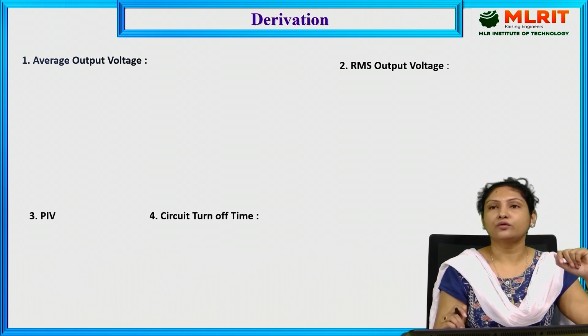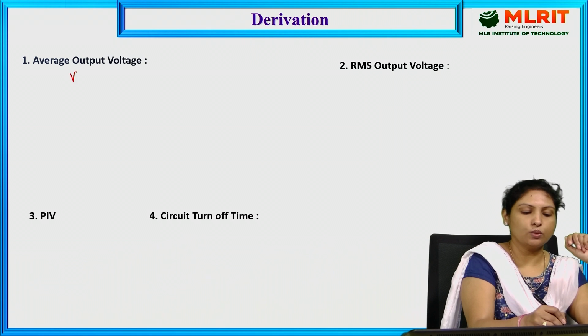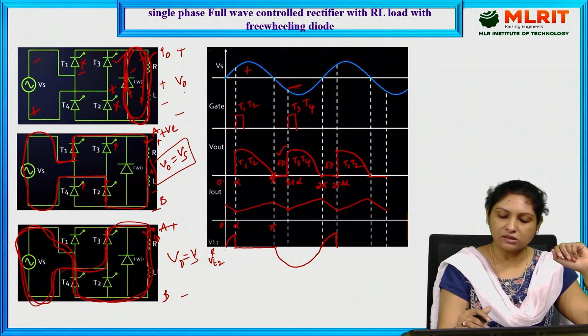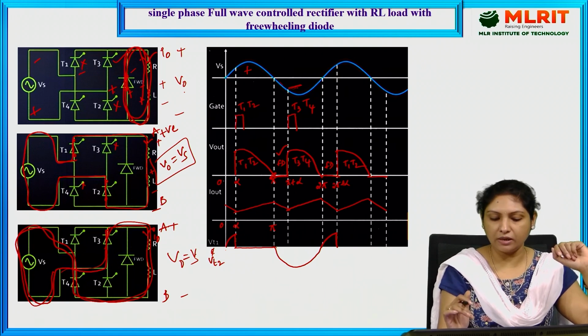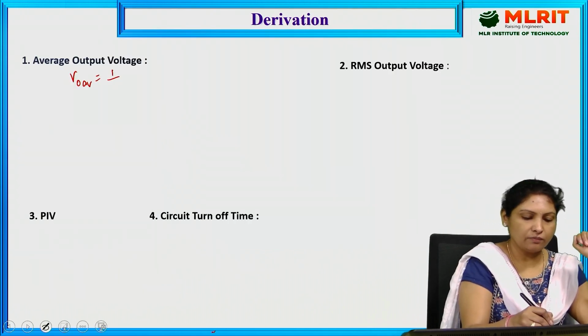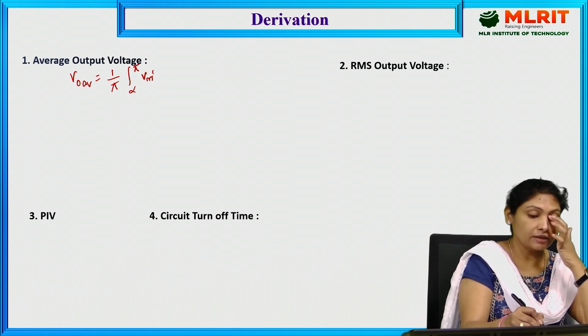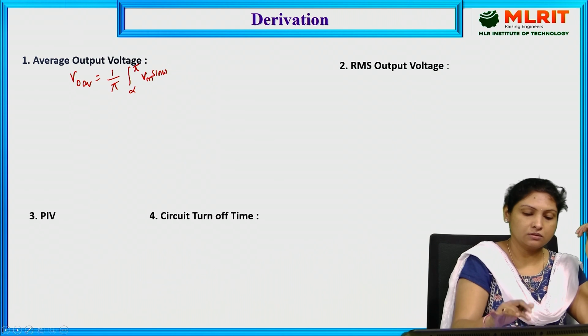Again, we will have to derive the expression for the average output voltage. So V naught average is equal to, I am writing directly, 1 by time period. Here the time period is pi, since every similar cycle is repeating, and the actual waveform is present from alpha to pi. So the limits are: 1 by pi, conducting from alpha to pi, Vm sin omega t d omega t.